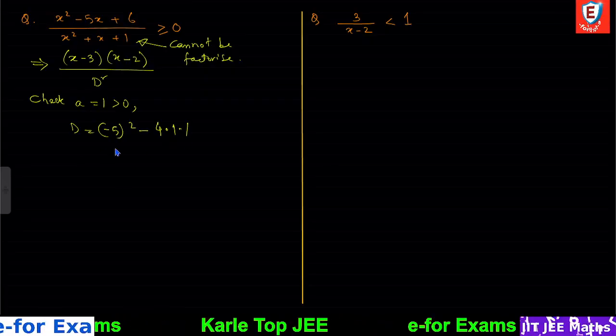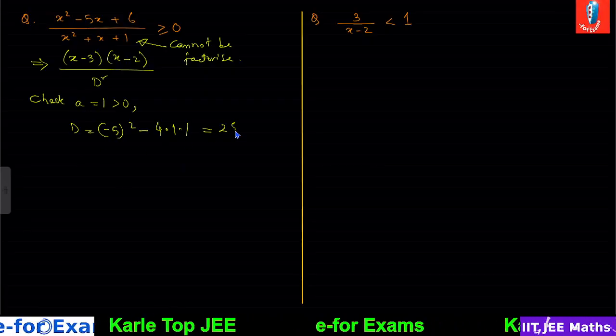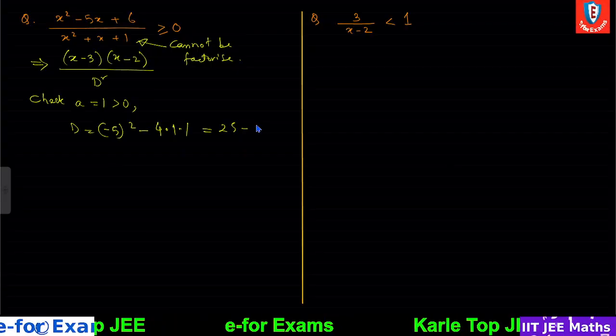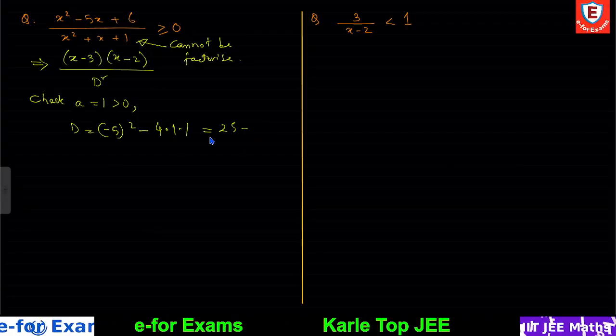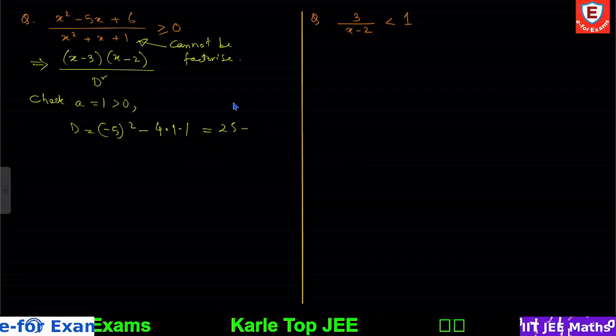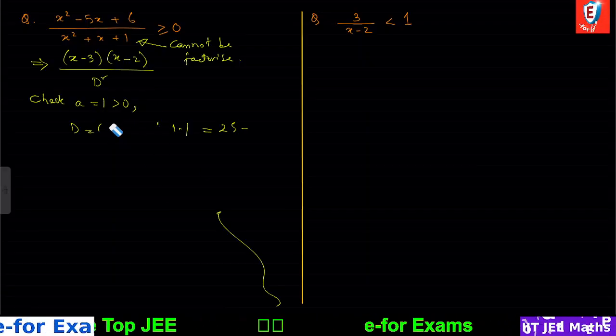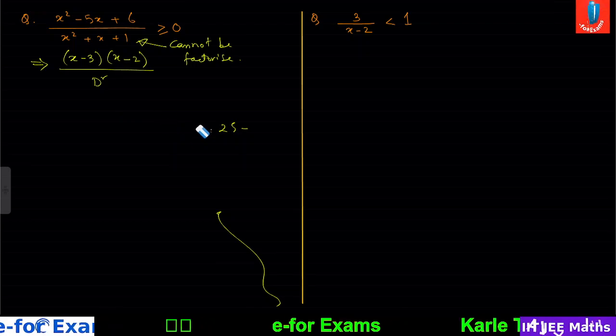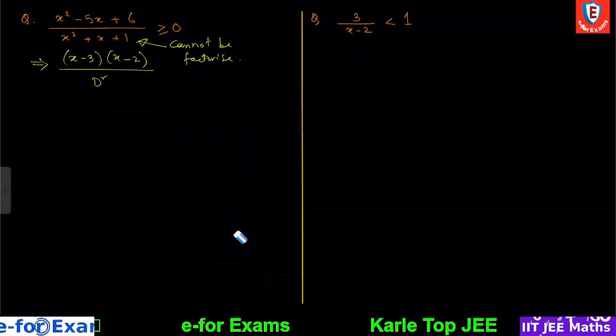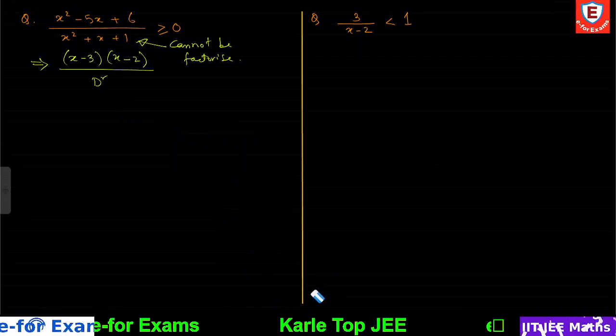In my mind it was 1, but here 25. Here B also 1. Let's redo this.